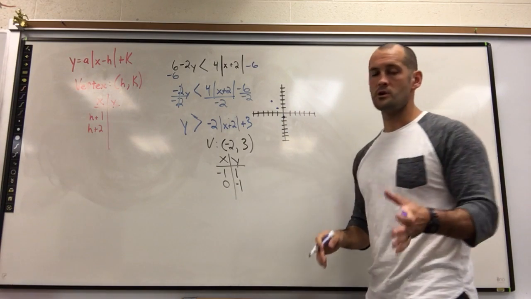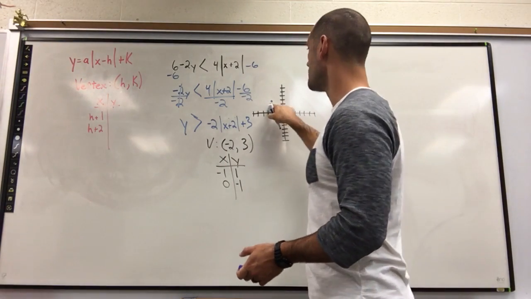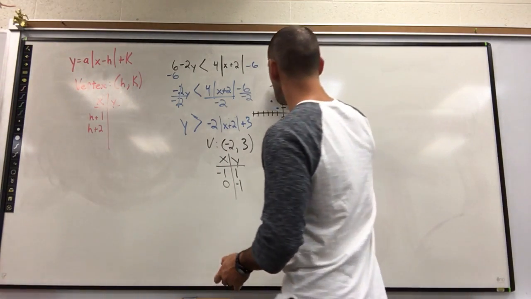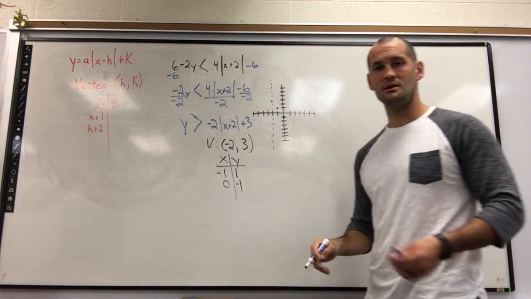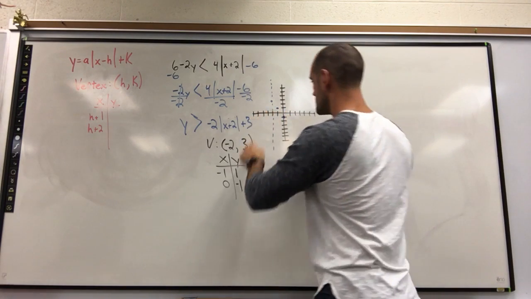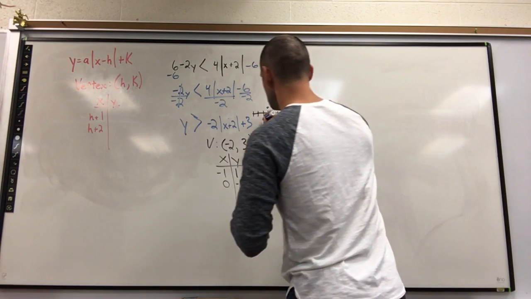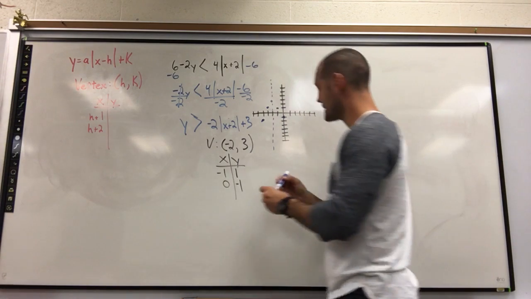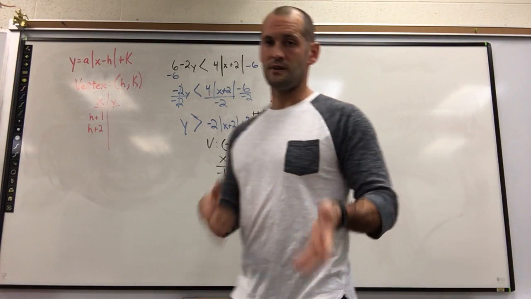It is so important you know where your vertex is, because that's what you mirror around. I'm going to put a little dotted line so I see what to mirror things around. This point here is 1 to the right, so I go 1 to the left. 2 to the right, 2 to the left. That's all the skills we needed to graph an absolute value.